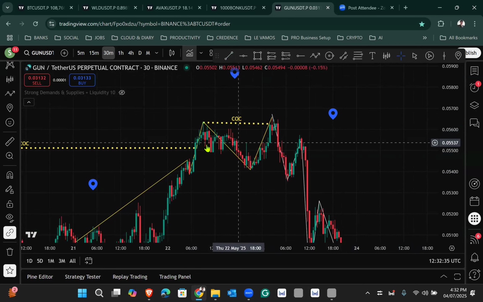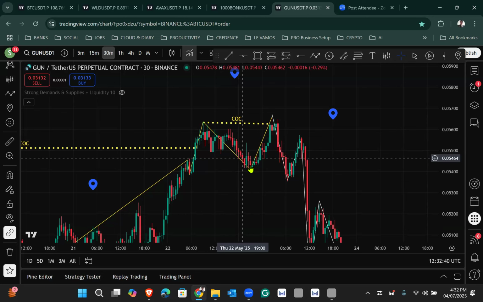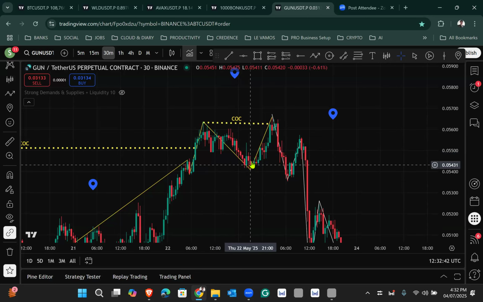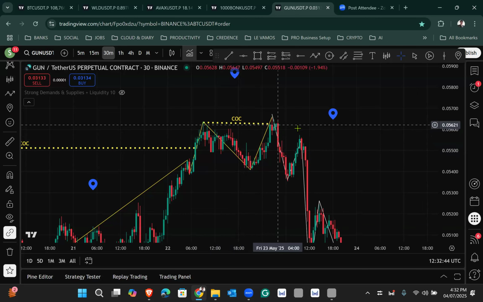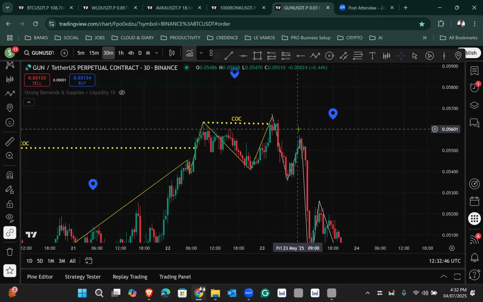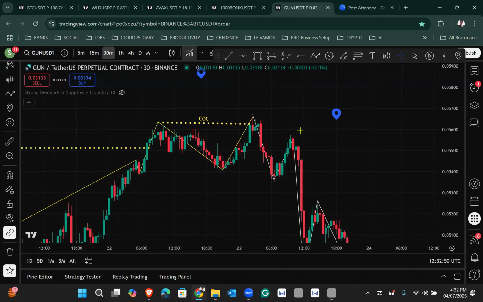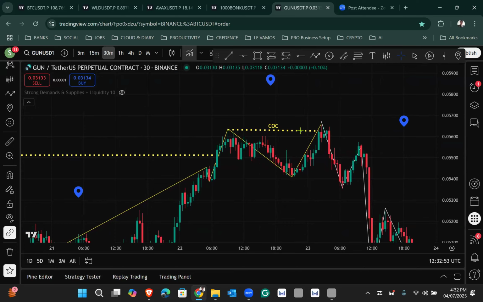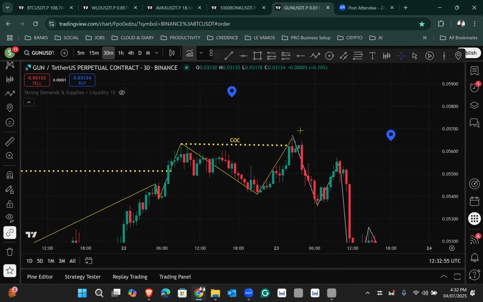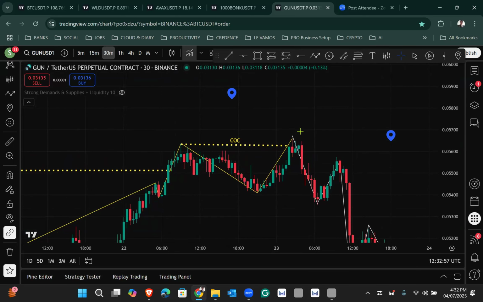We need to have inducement taken out before the break of structure, and inducement taken out before another break of structure to the upside.